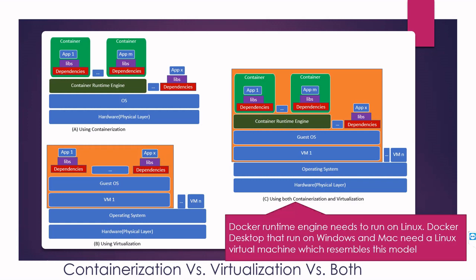Now, when we talk about Docker, the most popular containerization system, it is built for Linux. It needs to work on Linux. So the versions that work on Mac and Windows need a Linux virtual machine, which means that pretty much this model is what we are going to be working with, unless you have Linux.